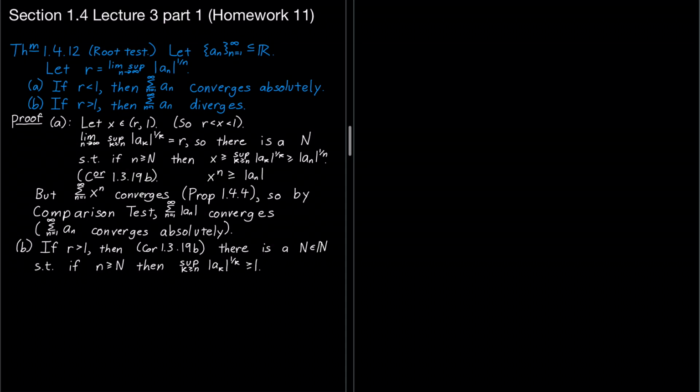And in this case, I can't get rid of the supremum. We aren't guaranteed that all the a_k's are bigger than 1. We're just guaranteed for some of them.